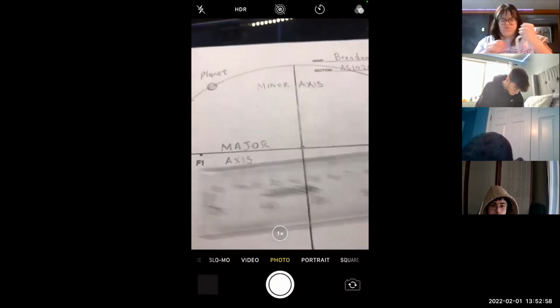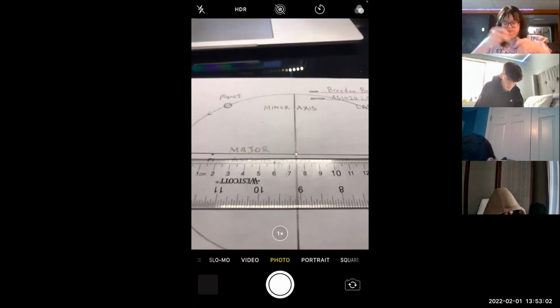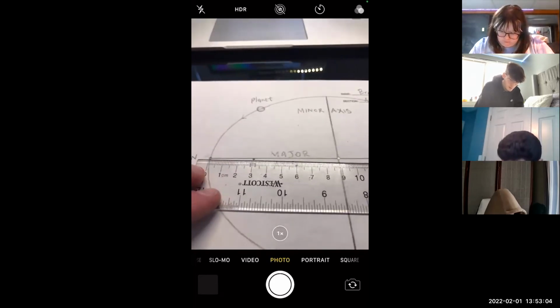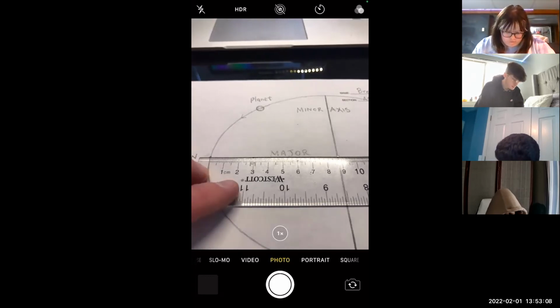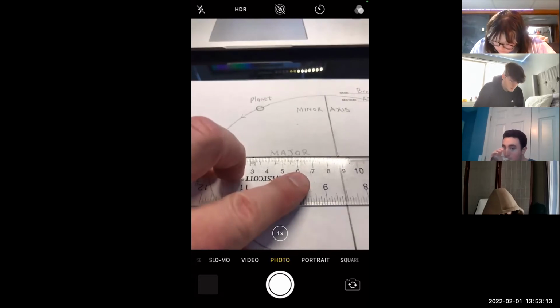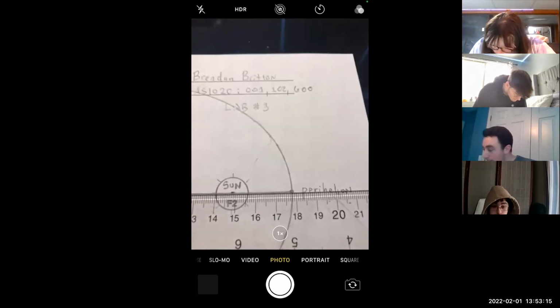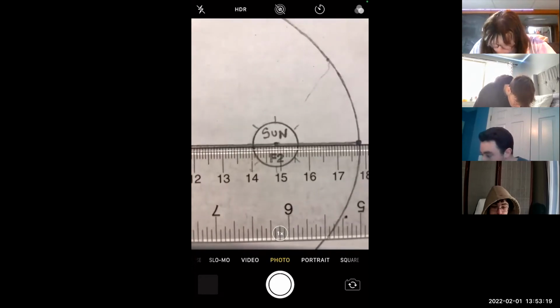Okay. Now we're going to measure our aphelion. For the aphelion, we go from the edge of the ellipse, the aphelion point, to F2 again. We have to measure it to the sun, so all the way over here. What would you guys say?